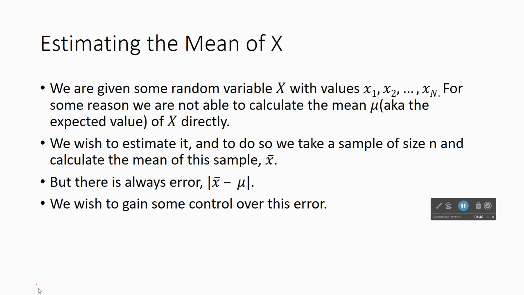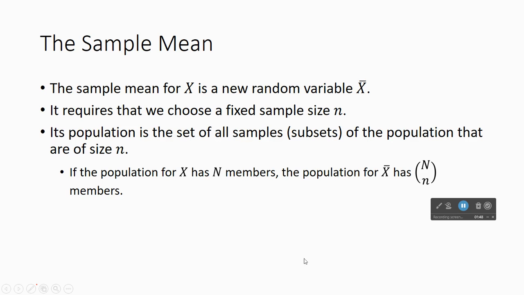So our first step in doing this is to talk about the sample mean. We're given a random variable x, and we wish to construct a new random variable from that.